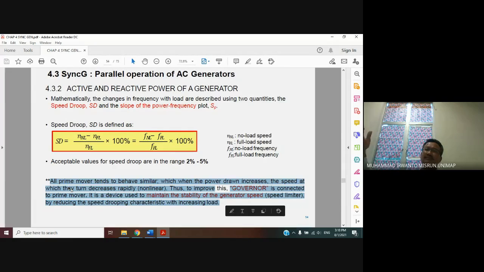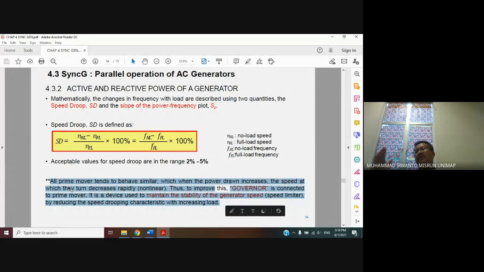Now, if we discuss the speed, it is related to the real power, because remember there are two types of power here, active and reactive. Active relates to the speed, reactive relates to the terminal voltage of the synchronous generator.